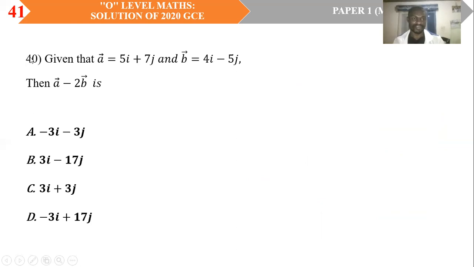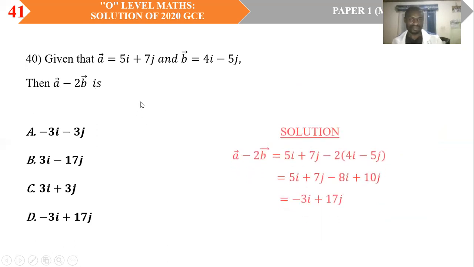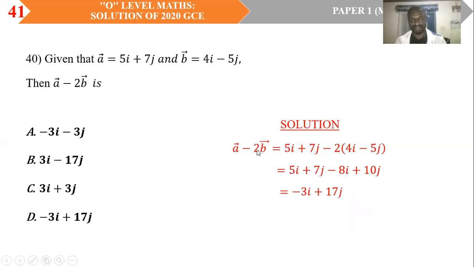Question 40. Given that the vector A is equal to 5i plus 7j, and that the vector B is equal to 4i minus 5j, then the vector A minus 2B is... Solution. A minus 2B is 5i plus 7j minus 2 into 4i minus 5j.